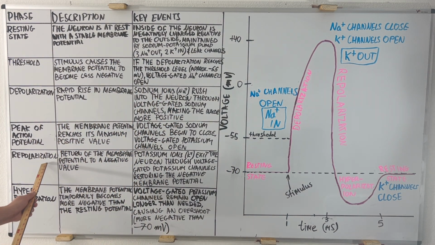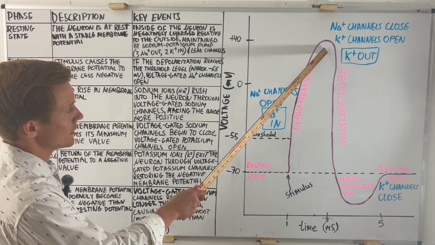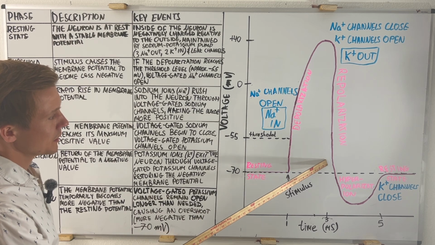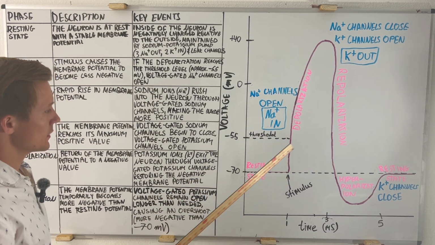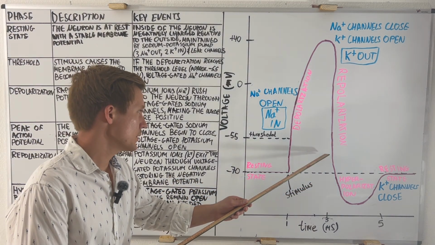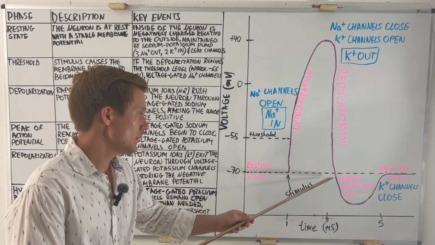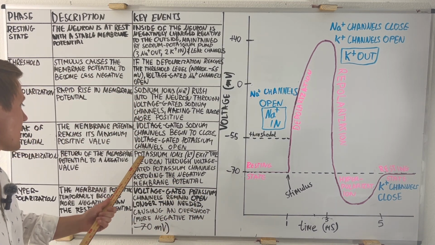Next, we have the repolarization, characterized by the other right side of this peak here. And so the arrow will go down like this. And it's the return of the membrane potential to a negative value. And indeed, it goes to a negative value and even becomes more negative. But we'll get to that in the next step.